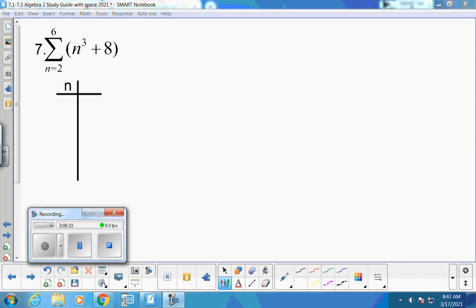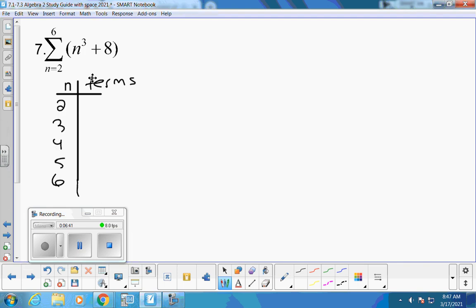Number 7, our last one where we're filling out this chart. Term 2, term 3, term 4, term 5, term 6. We have to cube the number and add 8, so some of these start getting a little bit big. 2 cubed is 8, plus 8 is 16. 3 cubed is 27, plus 8 is 35. 4 cubed is 64, plus 8 is 72. 5 cubed, 125, plus 8, 133.